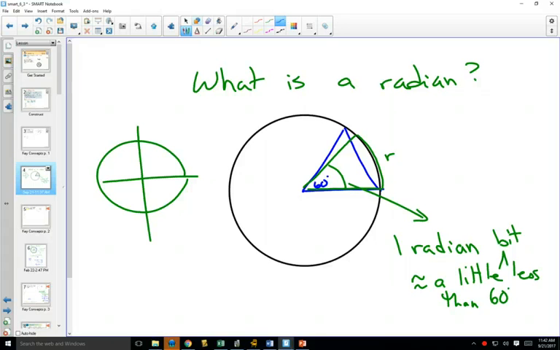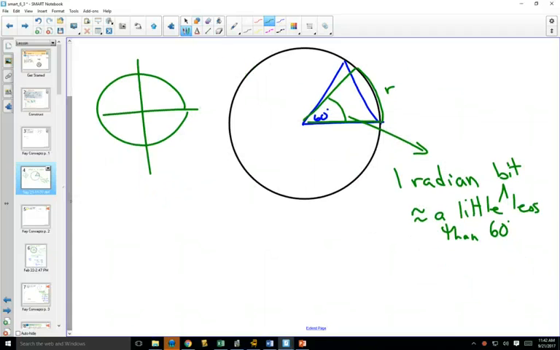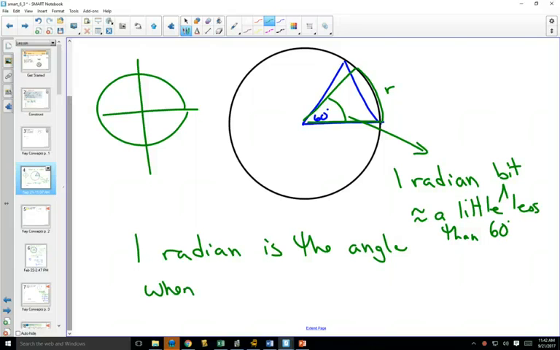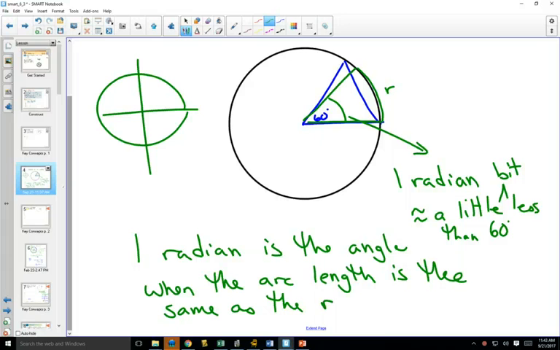So the definition of a radian: 1 radian is the angle when the arc length is the same as the radius.